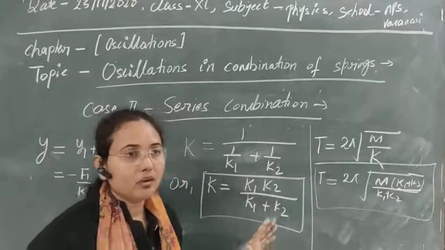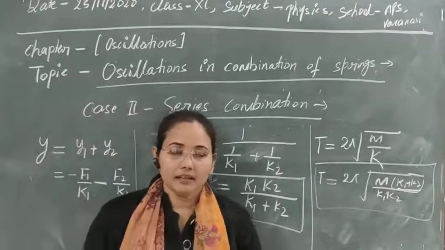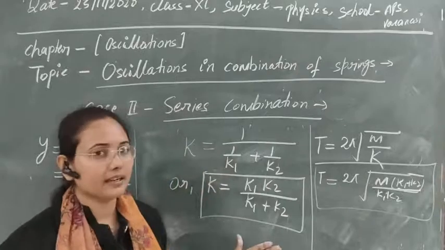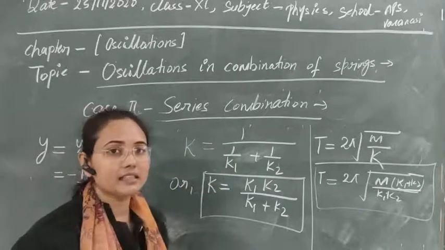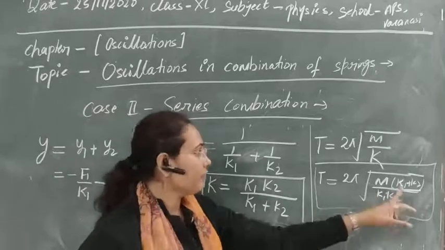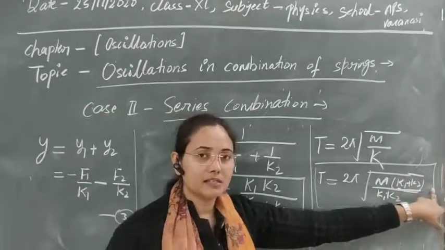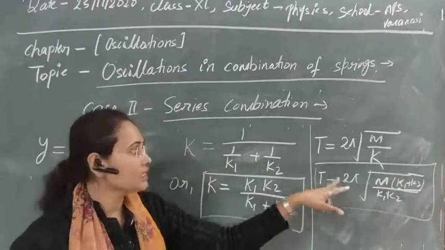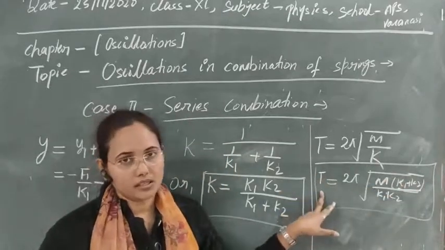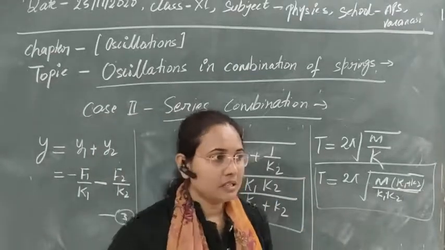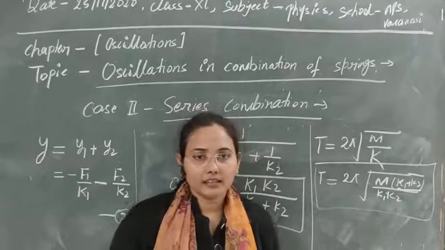In the parallel combination, as we have seen, if the springs are connected in parallel and we continuously increase their number, then the time period decreases. But here, if we increase the number of springs connected in series, there will be an increase in the time period of the oscillation.